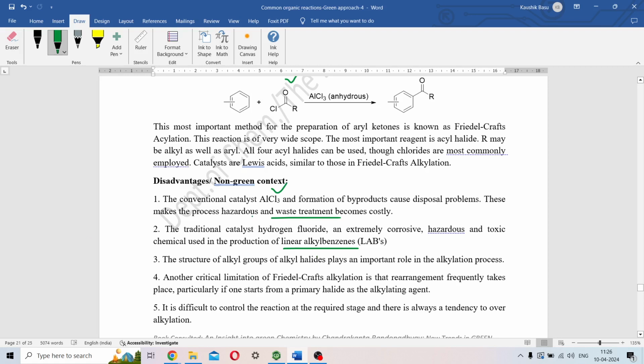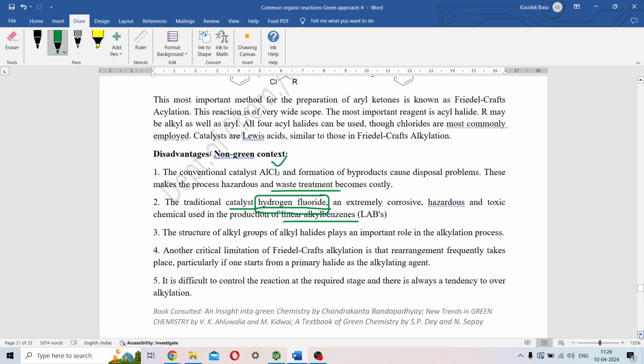Another way you can do this reaction, which we did not talk about, was to use catalytic hydrogen fluoride. Now this is a very nasty substance. Not only is it bad for you, but also it is very bad for the containers or the instruments that you are using to perform this reaction.